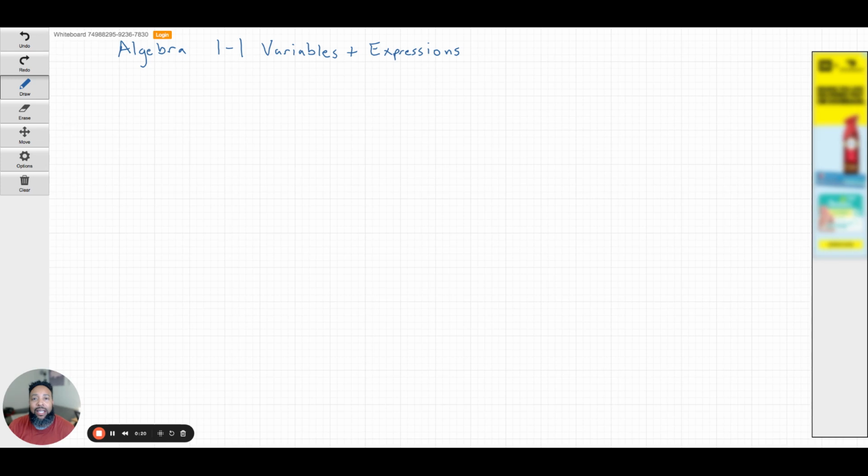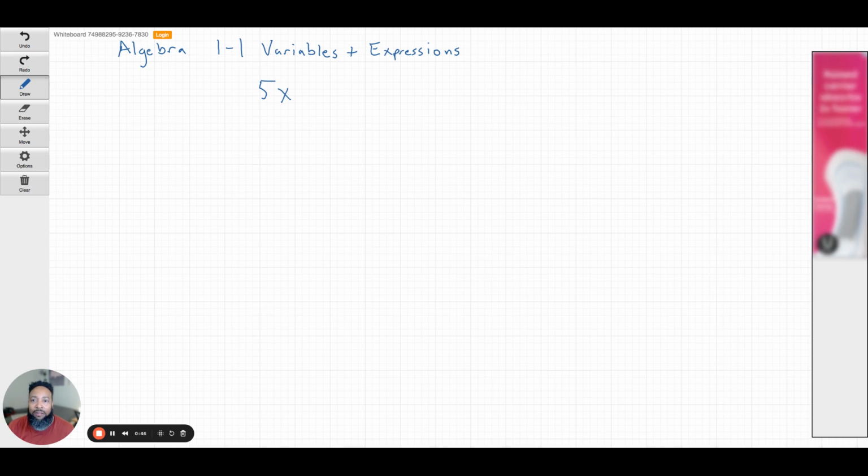So basically, an algebraic expression is a mixture of numbers and what they call variables that represent values, and also include what they call an algebraic operation. So let me show you what that is. It's very simple. If I have, say, 5x, that's 5 times x.